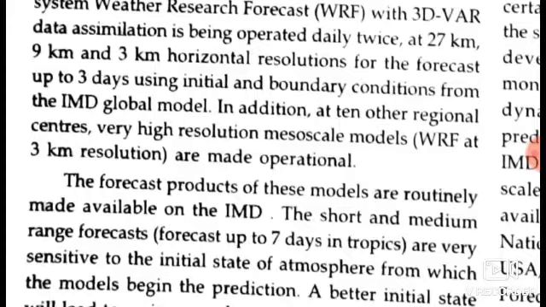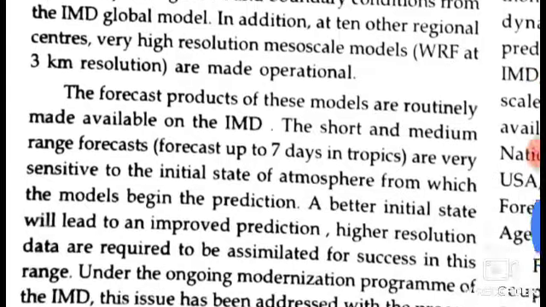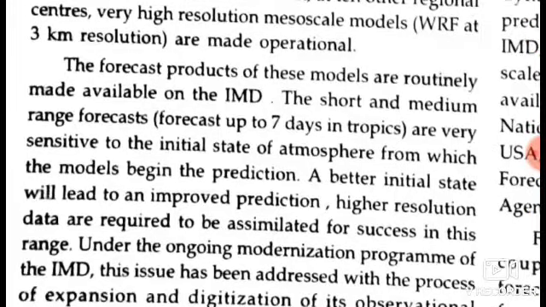Very high resolution mesoscale WRF models at 3 km resolution are made operational. The forecast products of these models are routinely made available on the IMD website.